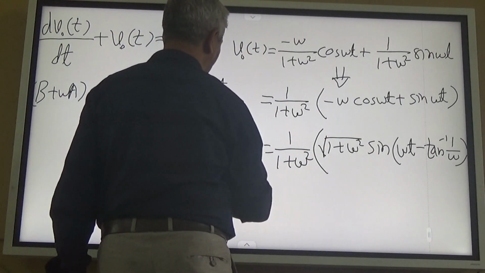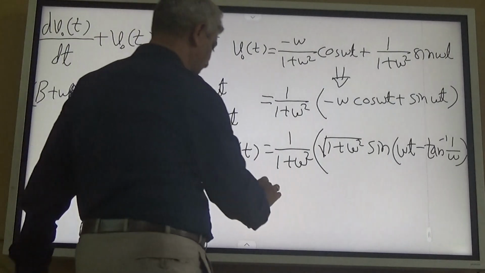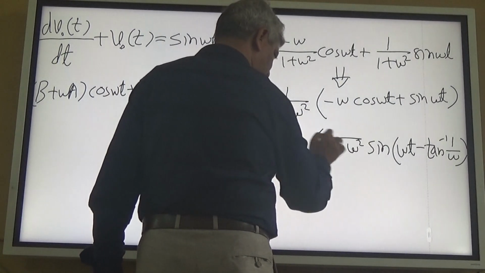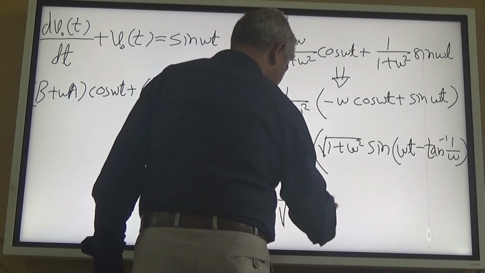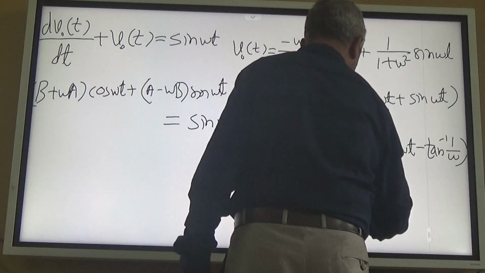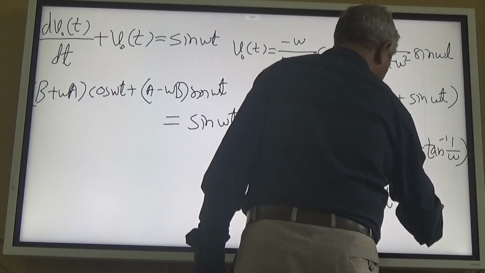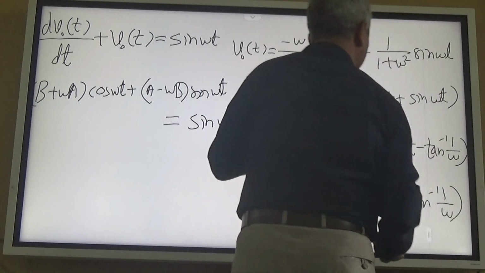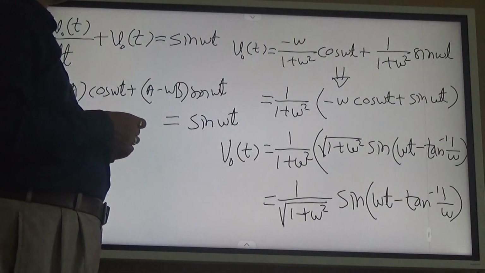Now what we find, there is one more simplification, that this is under root, this is full, so it comes as 1 upon omega or omega.